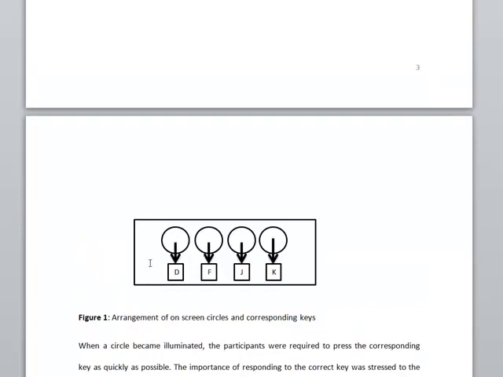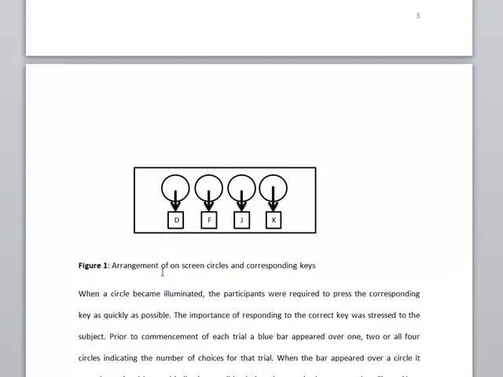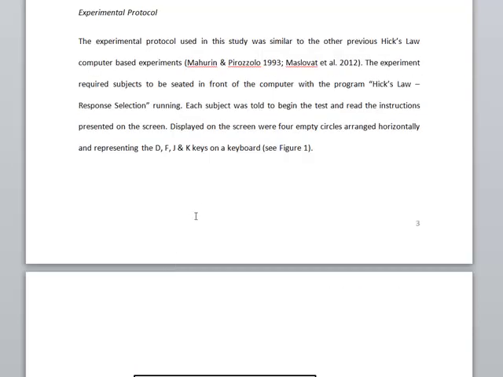The other thing you'll notice when you look at the methods is the language. Language is very, very important in the methods section, and often this is where people will fall down. The two important language elements are to be written in third person and to be written in past tense. So notice third person, notice the language used in this.